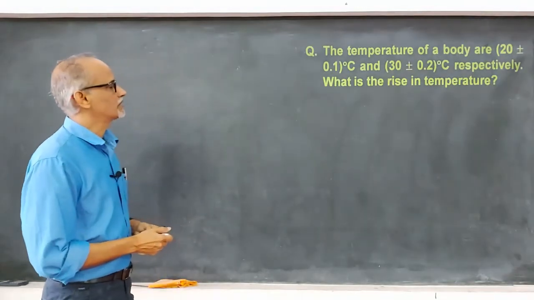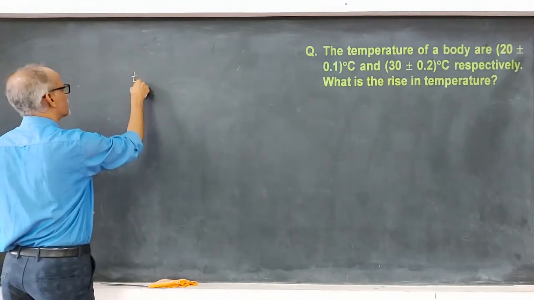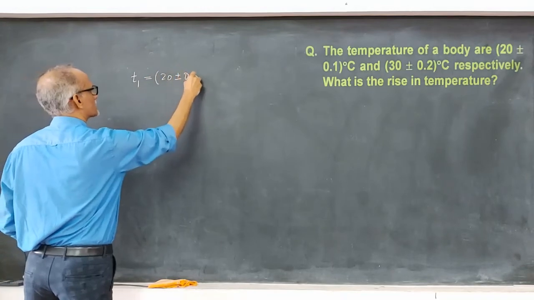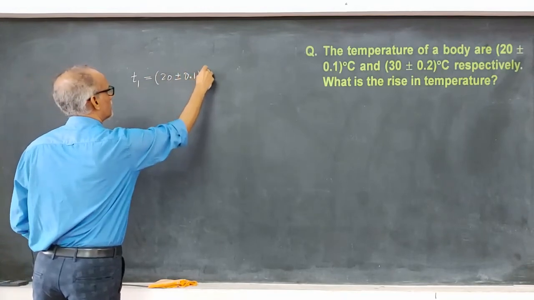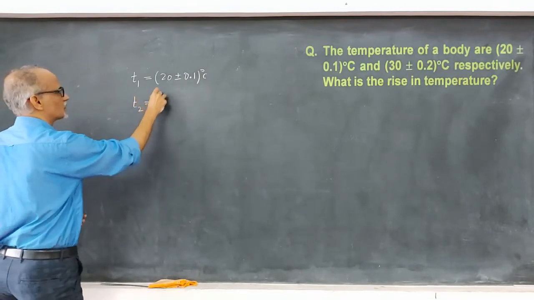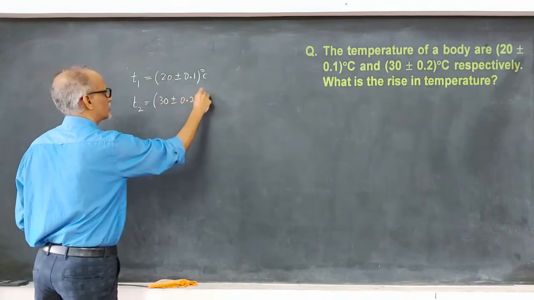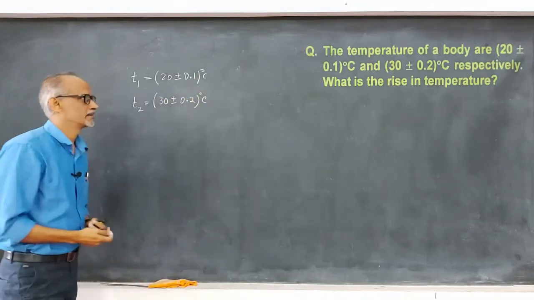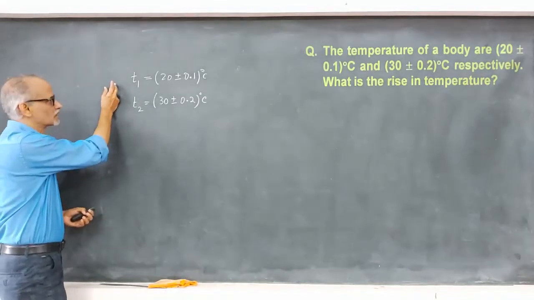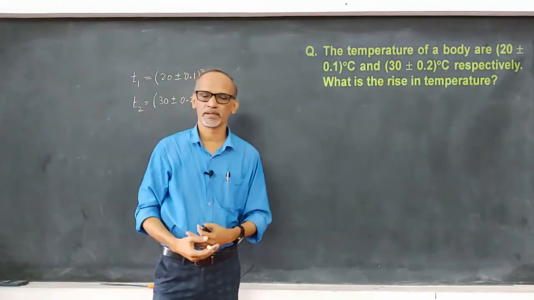The temperatures of a body are given: T1, I will write, is 20 plus or minus 0.1 degree centigrade, and the other temperature T2 is 30 plus or minus 0.2 degree centigrade, respectively. So this is one temperature measured using one thermometer, and this is another temperature measured using another thermometer.